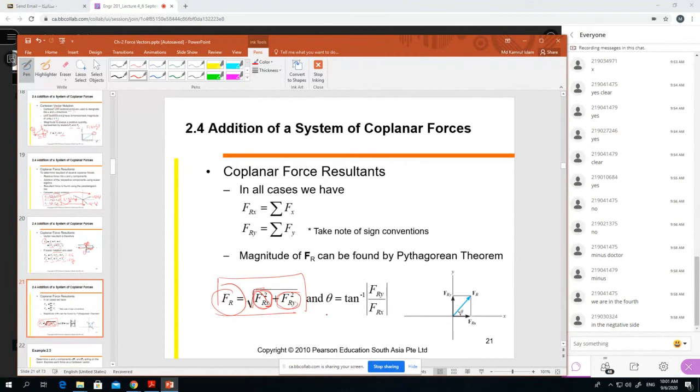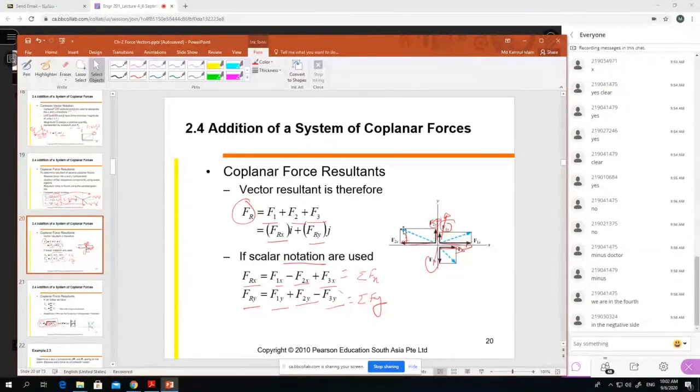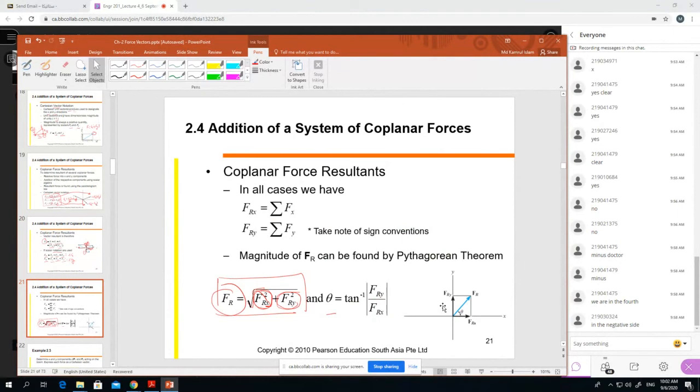And theta equal to, then how is this working here? All forces, F1, F2, F3, all together we can write down like this. We convert all, this is F1, Ry and Frx.